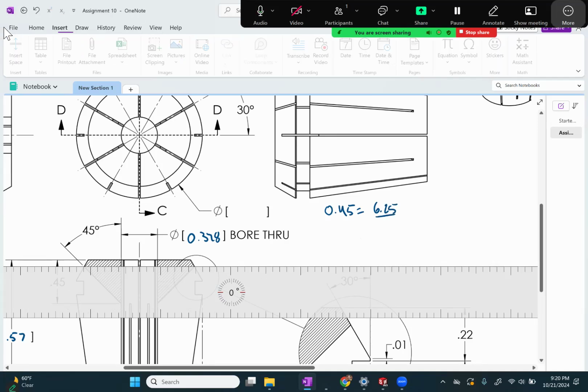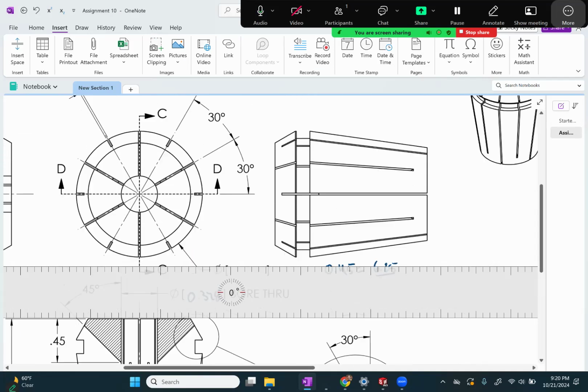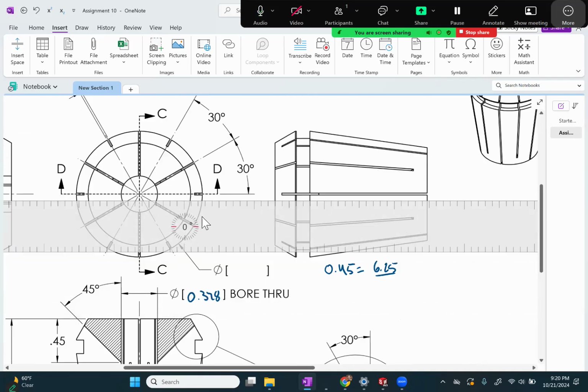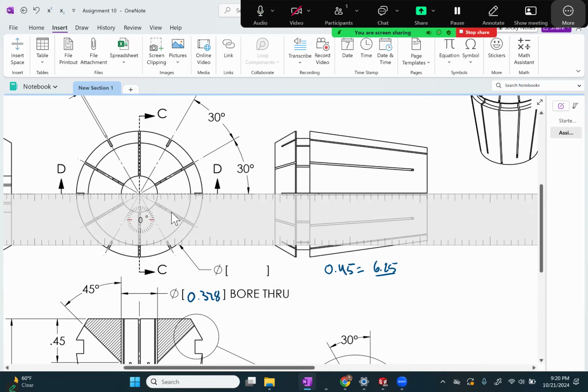So let's go ahead and measure the diameter. Since I don't want to count every single line or maybe get lost, I'll just do half and then multiply by 2. So the radius is 5, 5, 6, 7, 8, 9.